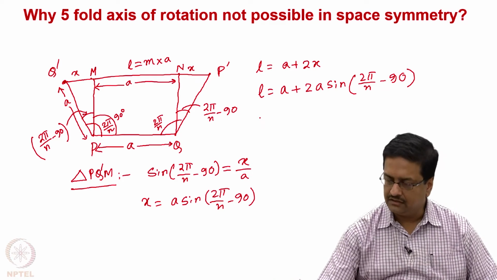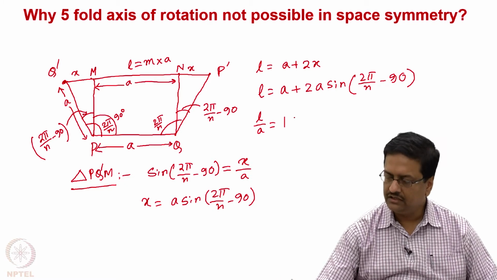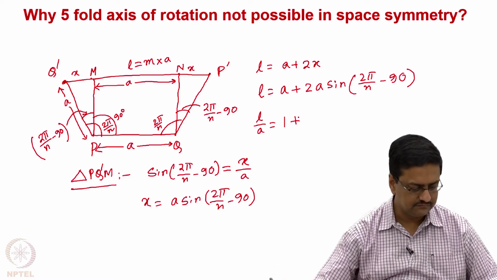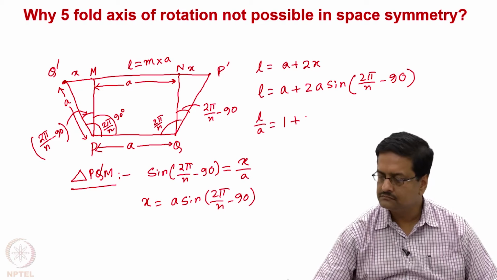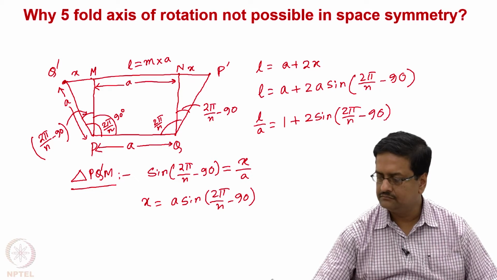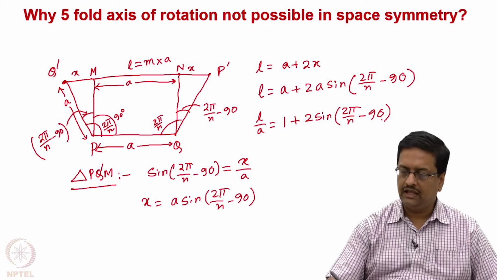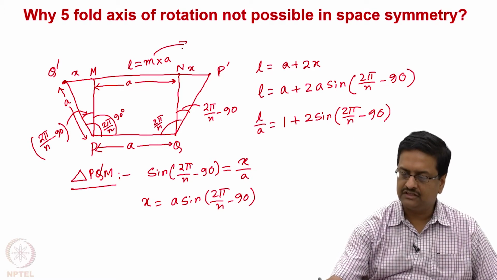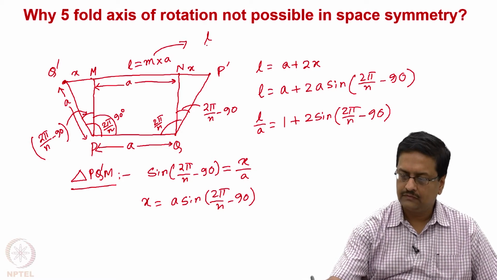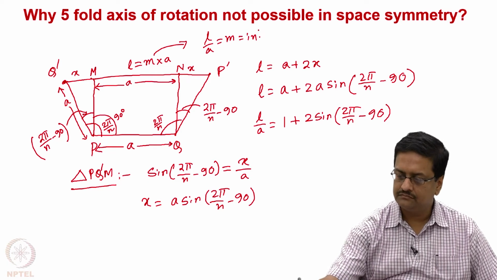So if I now rearrange, L by a equals 1 plus 2 sine of (2 pi by n minus 90). So now this L by a from this expression turns out to be m, which is an integer.